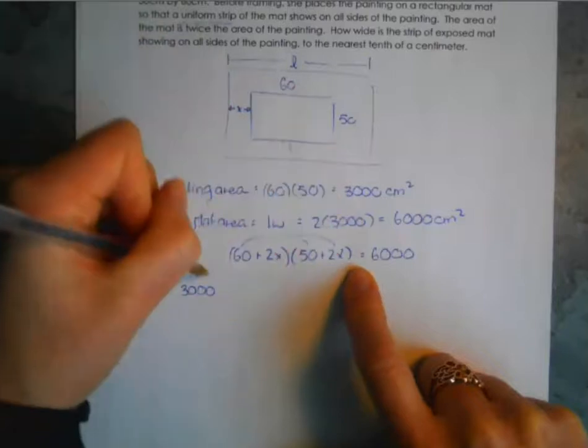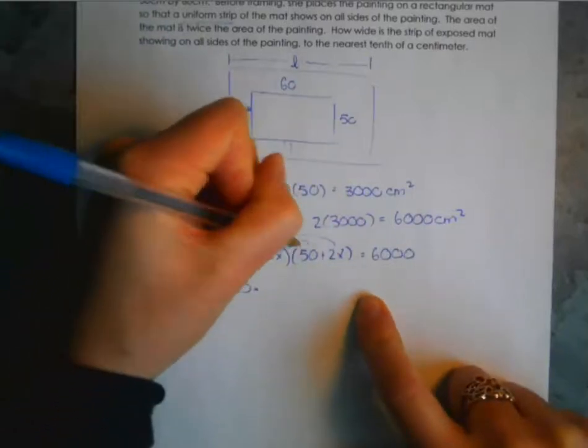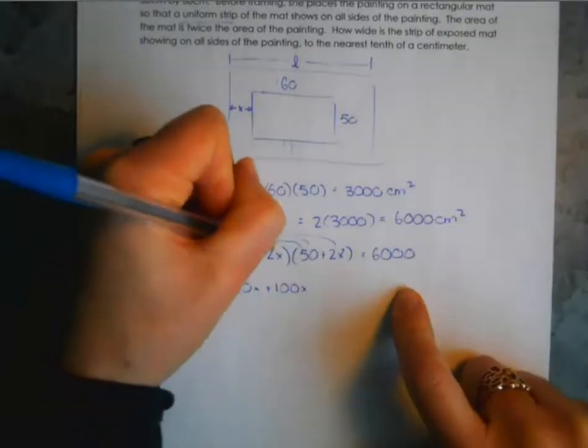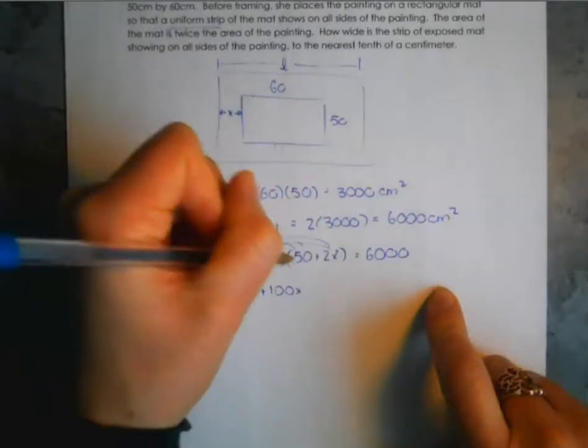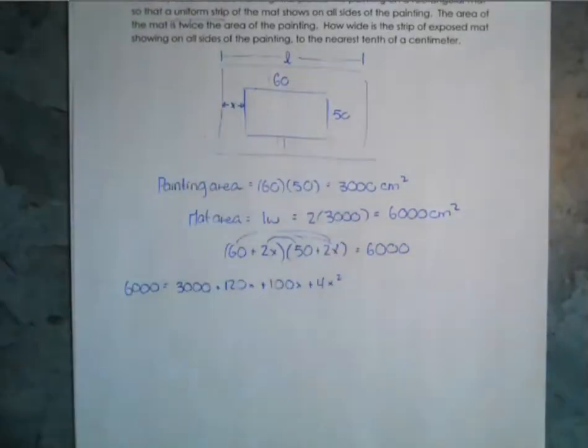Outside, 60 times 2x is 120x. Inside, 2x times 50 is 100x. And then last, 2x times 2x is 4x squared.